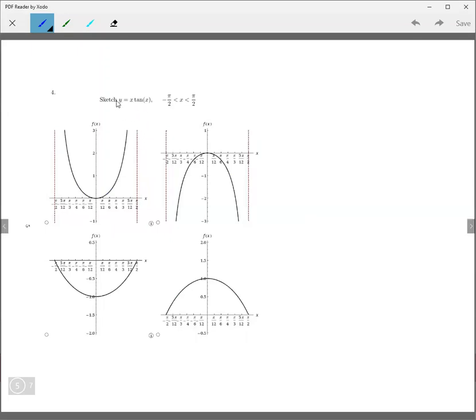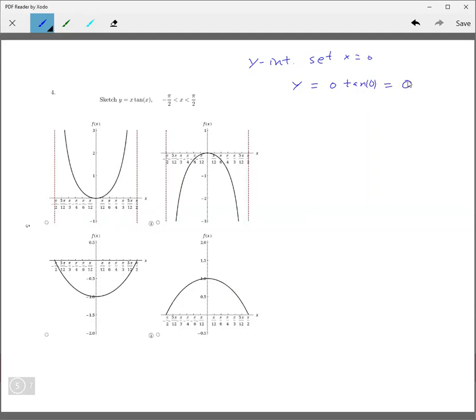Okay, so this is interesting. Let's try the Y-intercept. That means you set x equal to 0. So y is equal to 0 times tangent of 0. And tangent of 0 is also 0, so this is like 0 times 0.